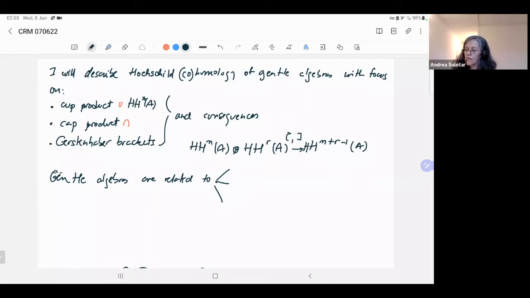So the Hochschild cohomology together with the Gerstenhaber bracket is a Lie algebra if we shift the degree by 1.